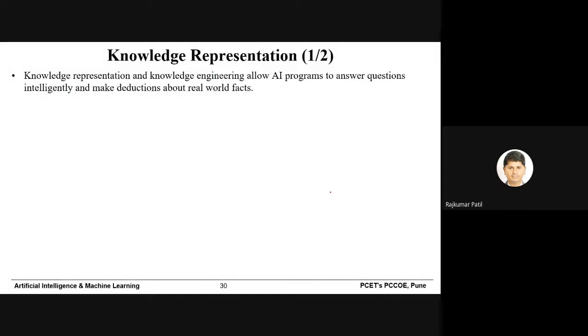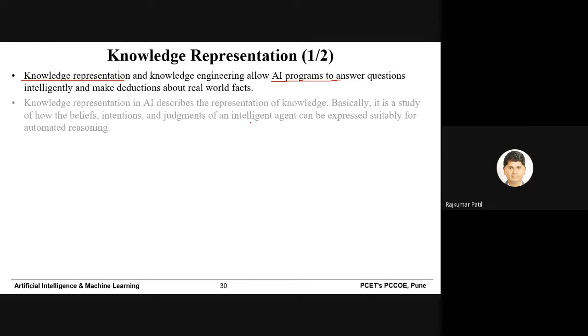Then the next part is knowledge representation. Whatever we learn or whatever the system will learn, that should be presented in such a way that others will come to know. This particular part is called knowledge representation. There are many AI programs available which present the knowledge in such a way that it will easily communicate whatever knowledge is there to the audience or to other systems.